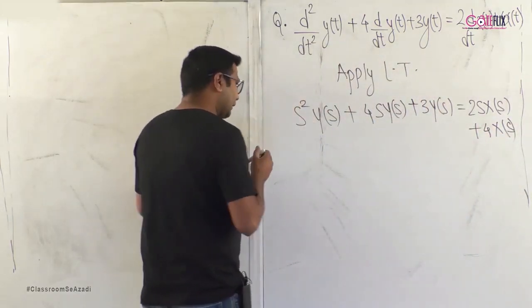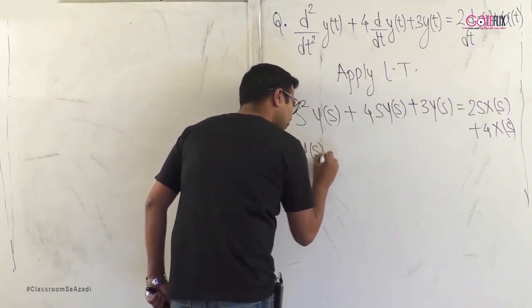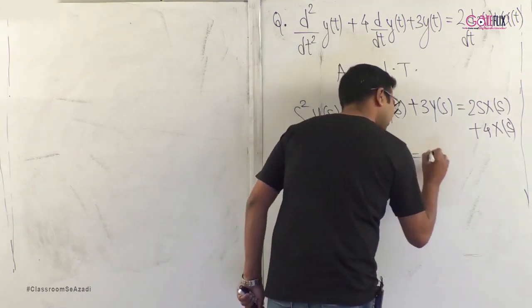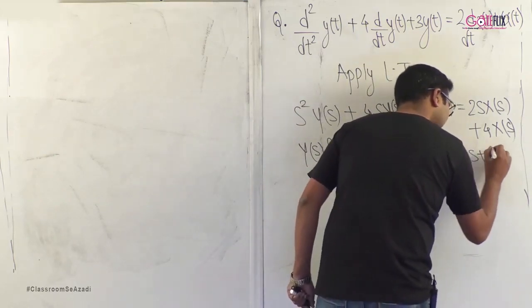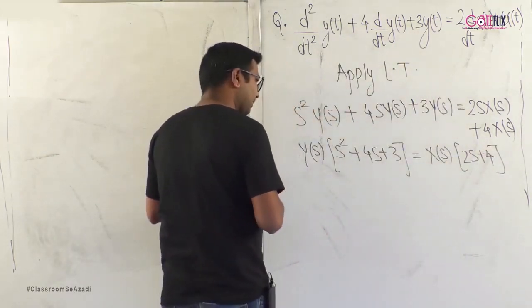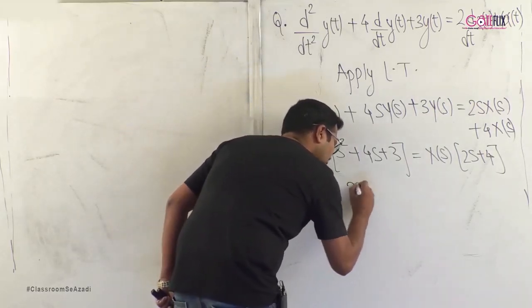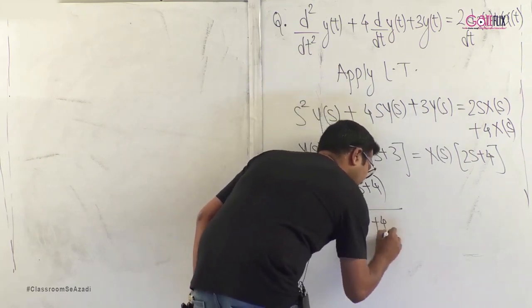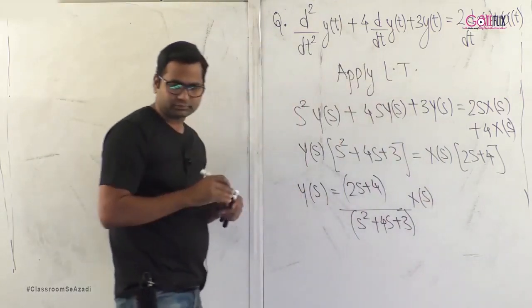Therefore, if we take Y of s common, we will get s square plus 4s plus 3, is equal to, if we take X of s common, we get 2s plus 4. Therefore, Y of s comes out to be 2s plus 4 divided by s square plus 4s plus 3 into capital X of s.